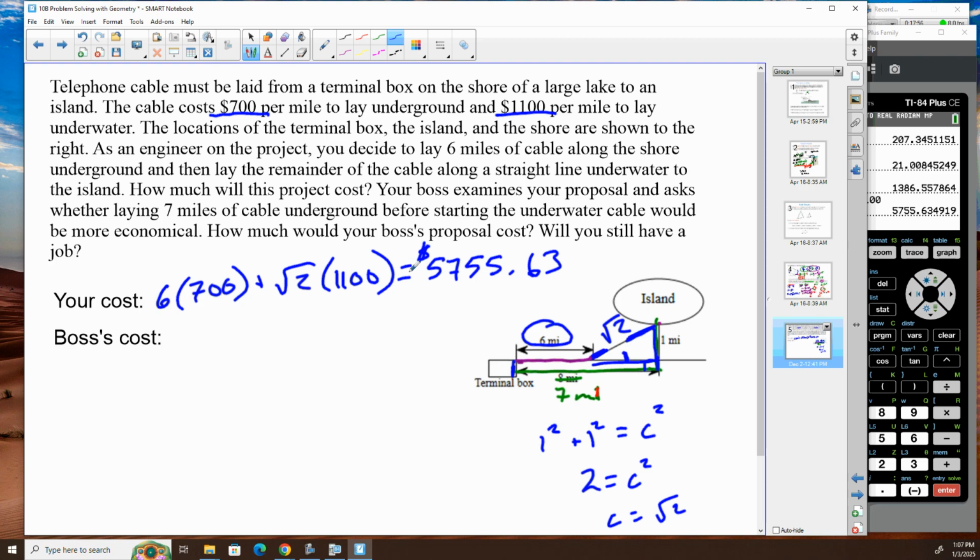Now for your boss's proposal, he's going 7 miles out underground. So 7 miles times the $700 per mile plus, and then he's going 1 mile underwater. So 1 times the 1,100.